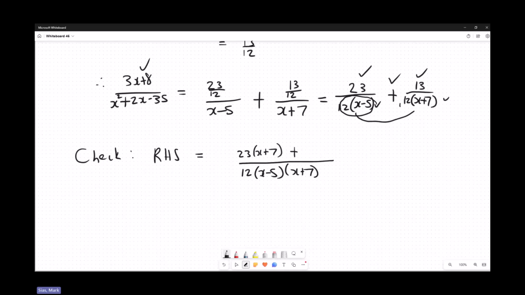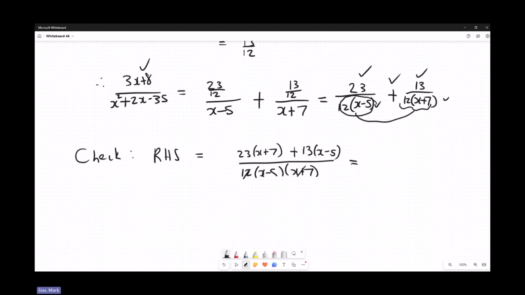Now I ask, how many times does that divide into there? Well, this will be cancelled here, and I'm left with X minus 5. So I've got 13 times X minus 5.